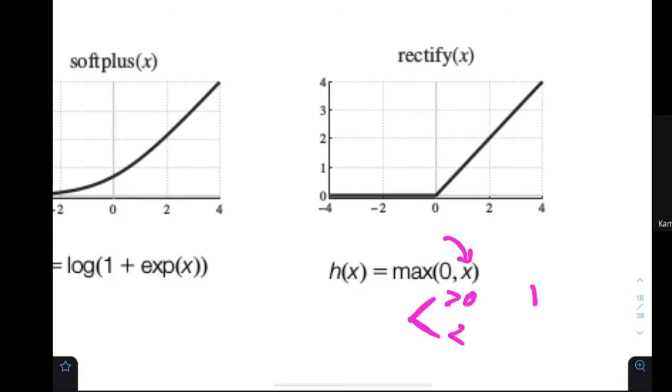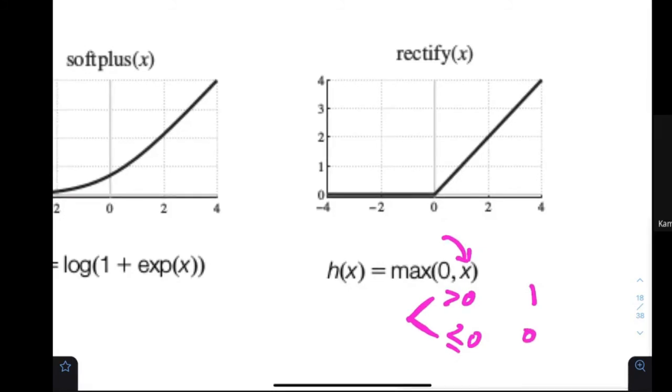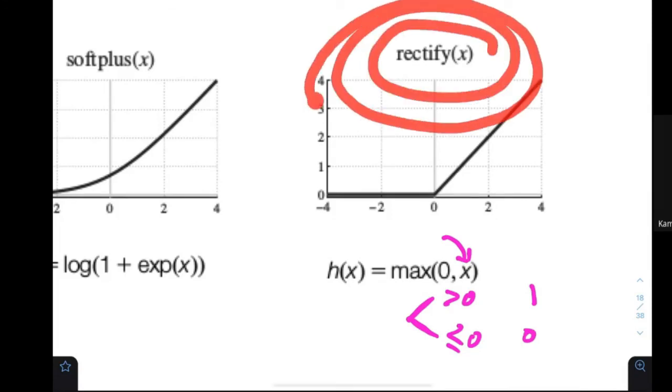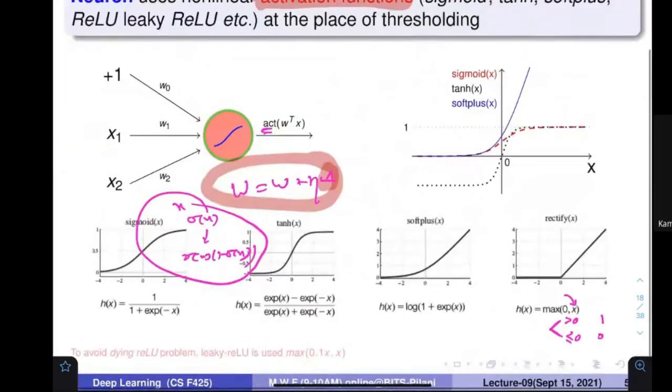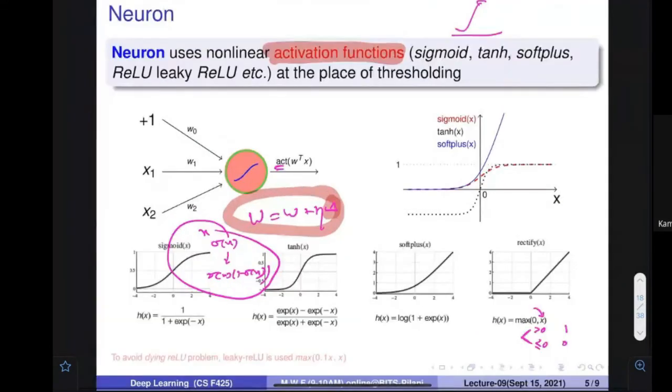If it is less than or equal to 0, the derivative is 0. Very easy. So finding out the derivative is very straightforward with the ReLU. That's why ReLU is more preferred in these systems. And if you apply the ReLU in your network, your training time would be very less. You would be very fast.